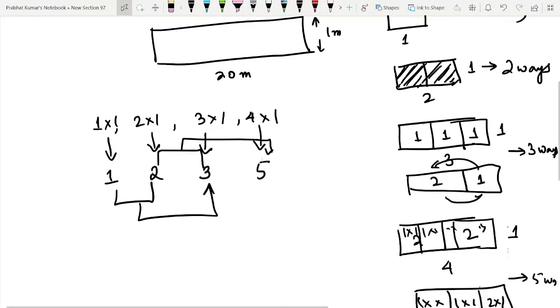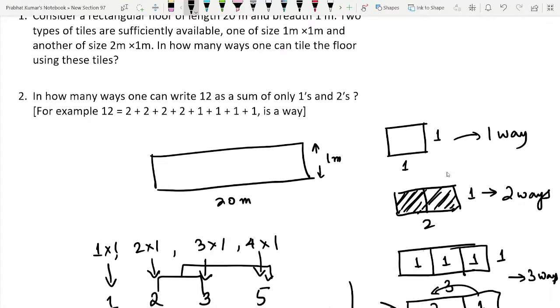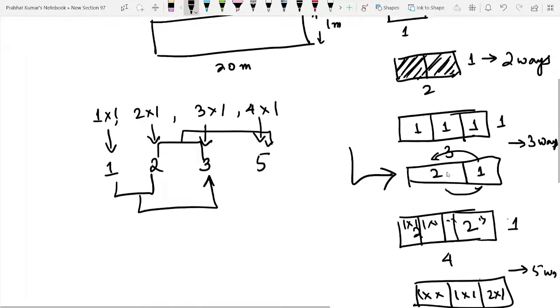Here we are actually writing 3 as a sum of twos and ones. This case relates to writing 3 as the sum of 1 plus 1 plus 1, and in the second case we are writing 3 as the sum of 2 plus 1. So automatically these two questions are related. Let's see how we can relate these two questions more formally and solve them.